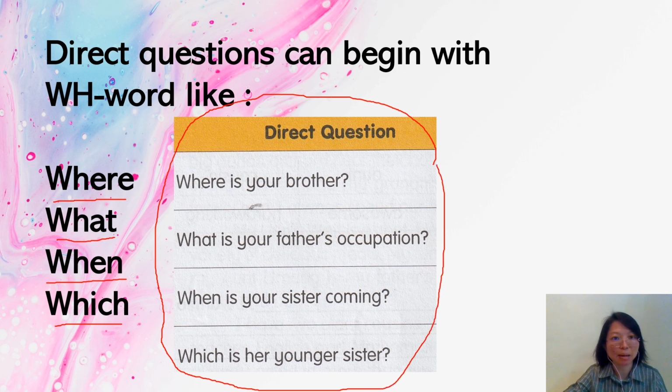The first example, where is your brother? Number 2, what is your father's occupation? 3, when is your sister coming? Last one, which is her younger sister?